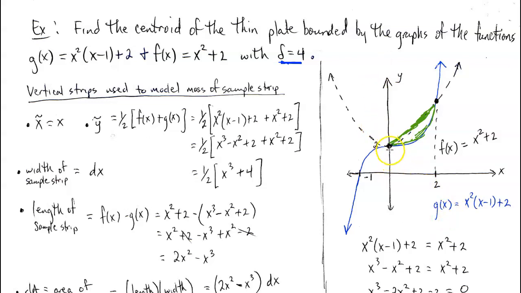Of course, we can see here that both of these functions will intersect each other at the x-axis. In sketching a graph of it, you'll probably see that. But the other thing that we don't know is this particular point here. Where will those two functions intersect on the other side?